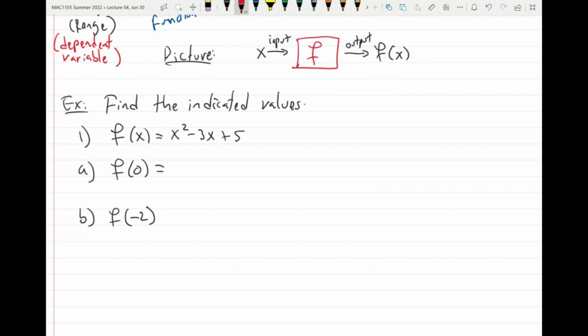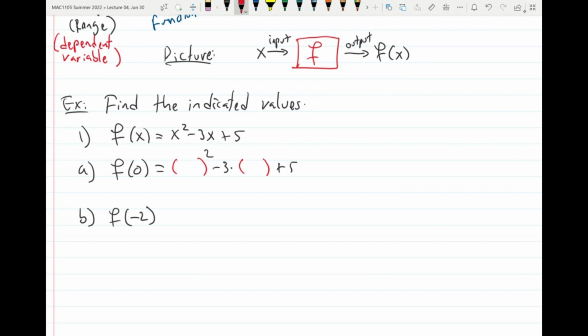So put parentheses, rewrite your formula with parentheses instead of x, and then inside the parentheses, you write whatever you have in here. That way you don't get confused later on. So that's (something) squared minus 3 times (something) plus 5. That's really what that formula means.